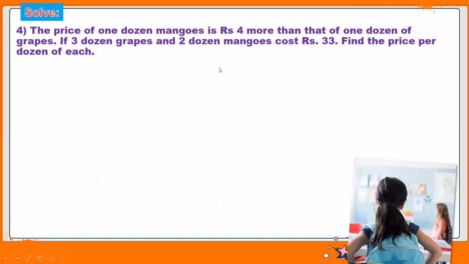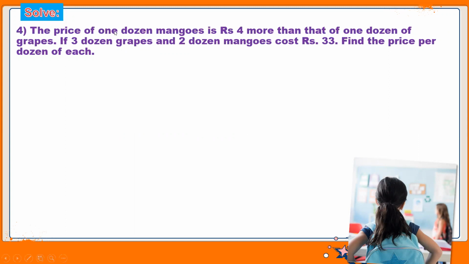The next question is: the price of 1 dozen mangoes is rupees 4 more than that of 1 dozen grapes. For example, if the price of 1 dozen grapes is rupees 20, then what will be the price of 1 dozen mangoes? It is 4 rupees more than that of grapes.